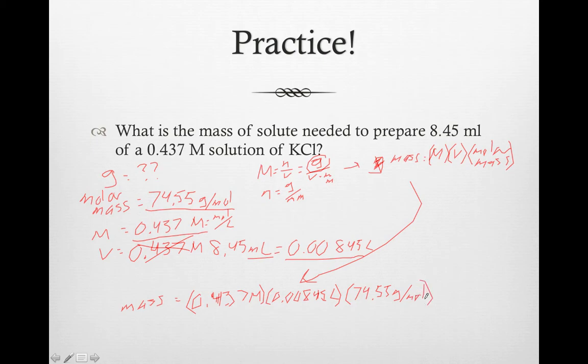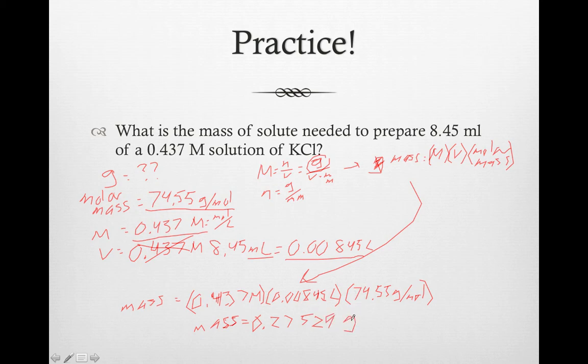If I multiply all of those together, 0.437 times 0.00845 times 74.55 grams per mole, I should get a final answer for my mass of 0.27529 grams.